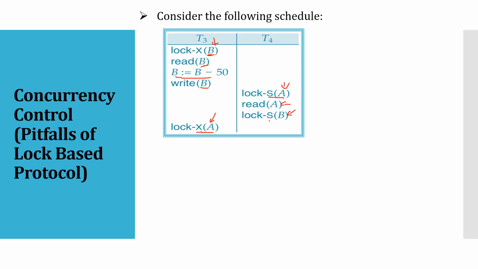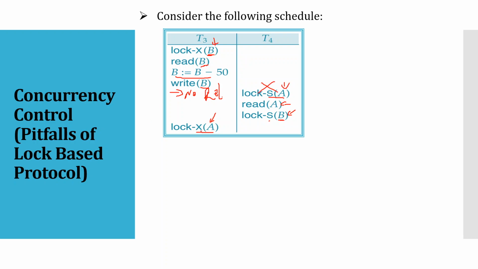You can say that here T4 wants to access item B, but item B is already locked by T3 and it has not been unlocked. It has not released. There is no release here, right? So T4 cannot use this particular data item, and this transaction cannot be performed.